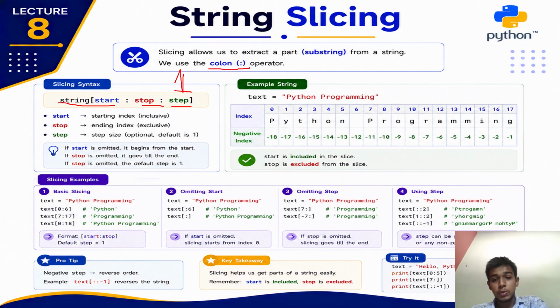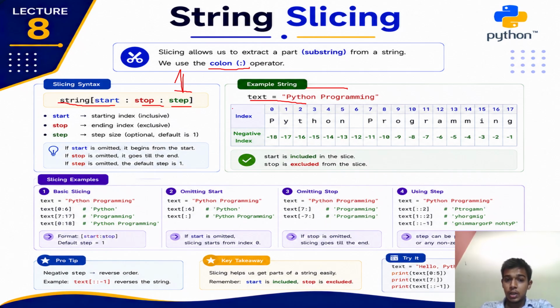Also remember some useful rules. If start is omitted, Python starts from the beginning of the string. If stop is omitted, Python goes until the end of the string. If step is omitted, Python uses the default step of 1. Now let's see the example string given here. The text is Python programming. Each character has both a positive and a negative index.